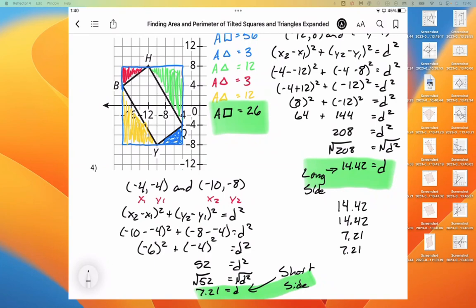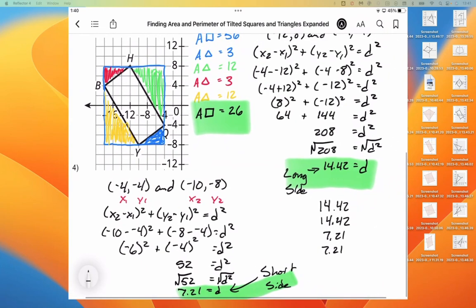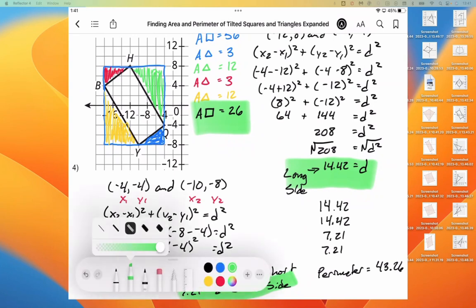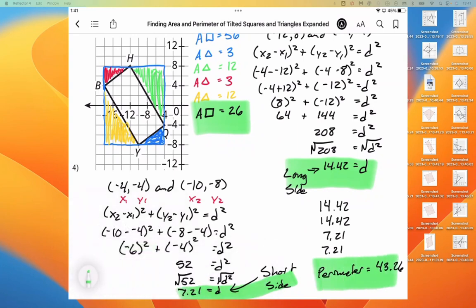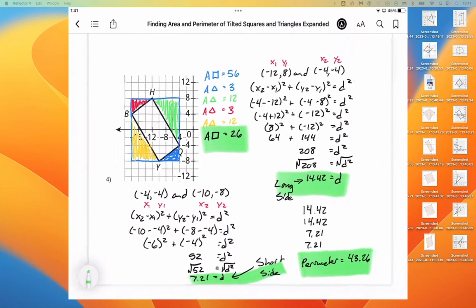The perimeter is 43.26. And that's it for this one.